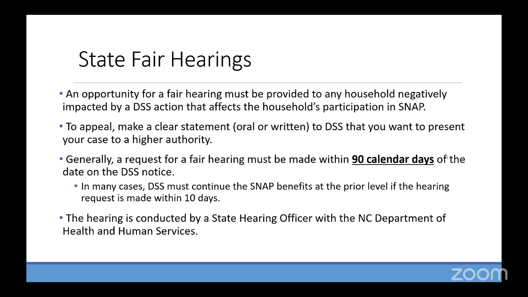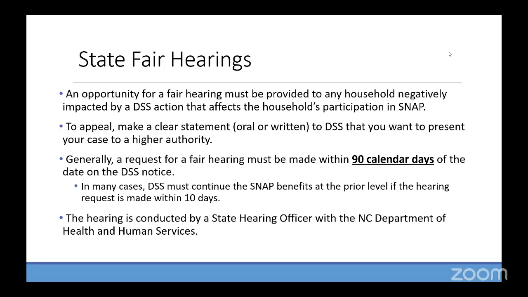Generally, an appeal or request for hearing must be made within 90 calendar days of the date on the DSS notice. But again, read your notice very carefully because it should tell you exactly when that deadline is. In many cases, DSS must continue SNAP benefits at the prior level if the hearing request is made within 10 days.